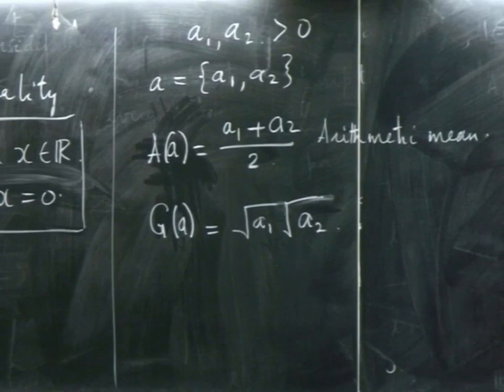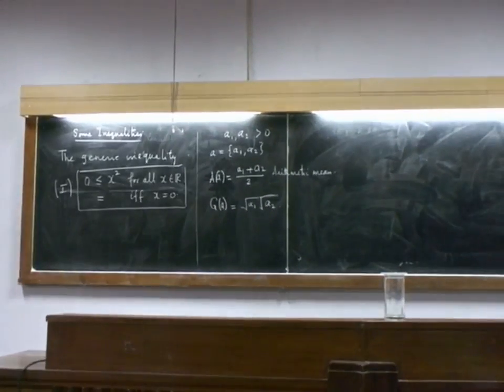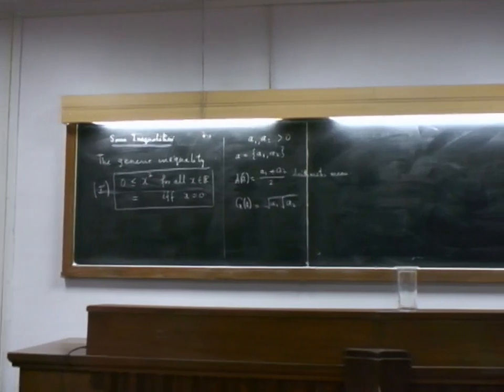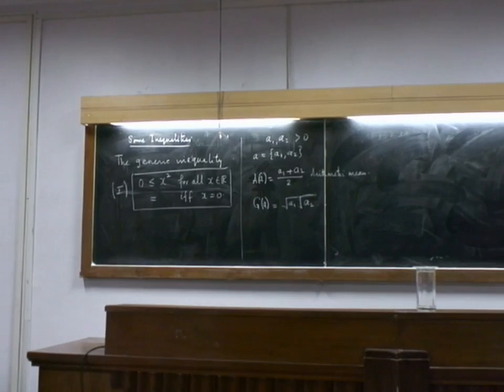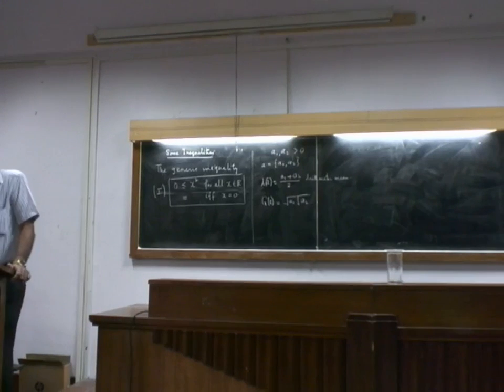So how do I get the geometric mean? You first code these numbers as their logarithms, then take the arithmetic mean and then take the antilog, decode. Code as logarithms, take the arithmetic mean, and then do the decoding, and you get some number. That is what is called the geometric mean.